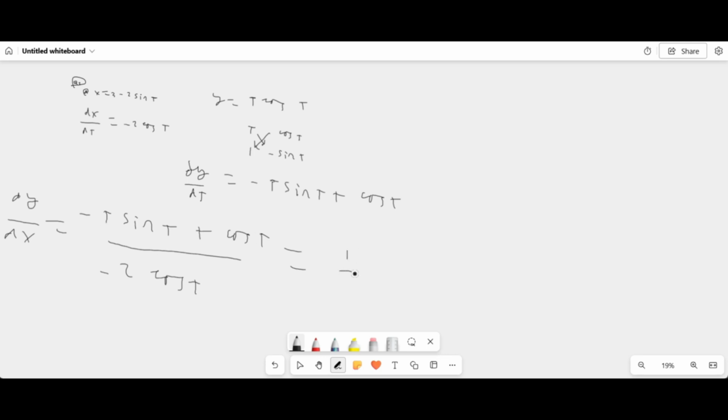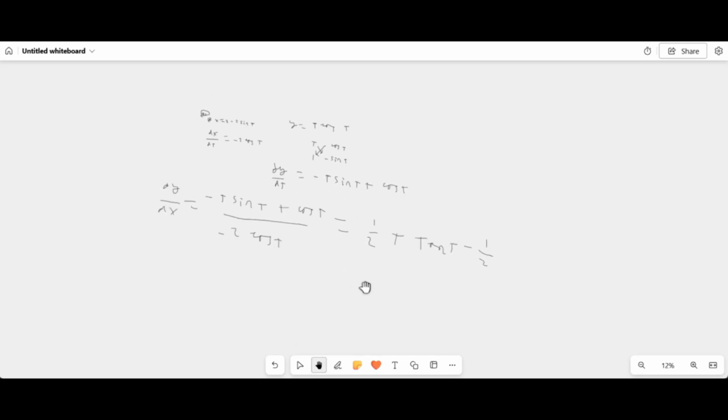It's just going to make half t, and then sine over cos is tan. And then cos divided by 2 cos here is going to be negative half. So negative half here.